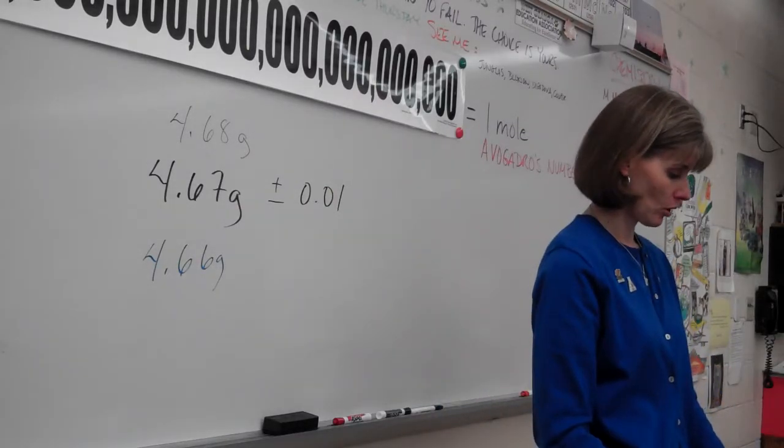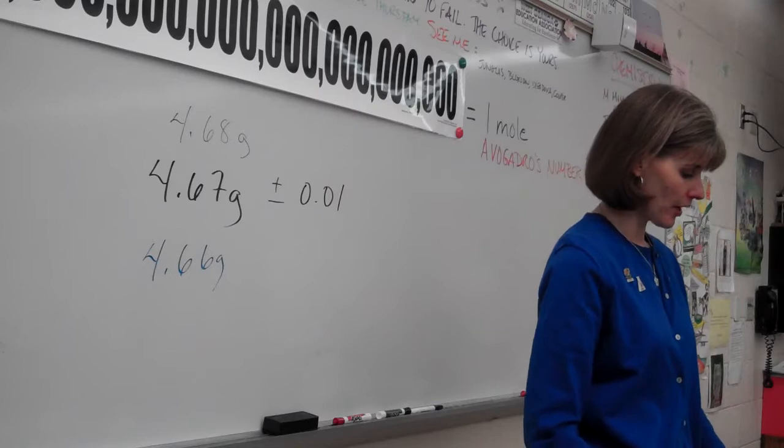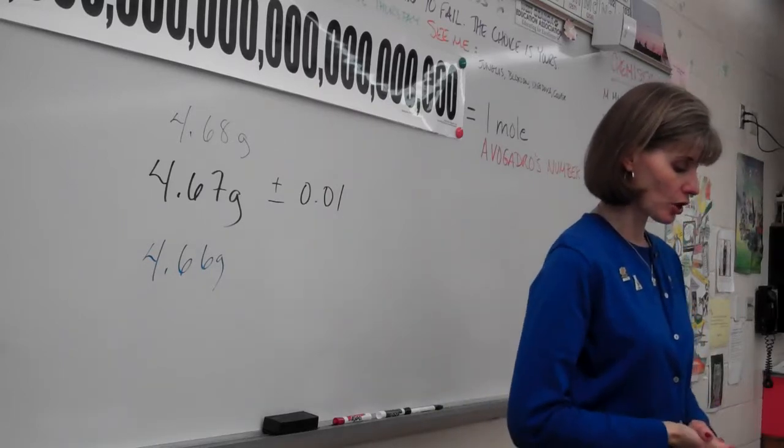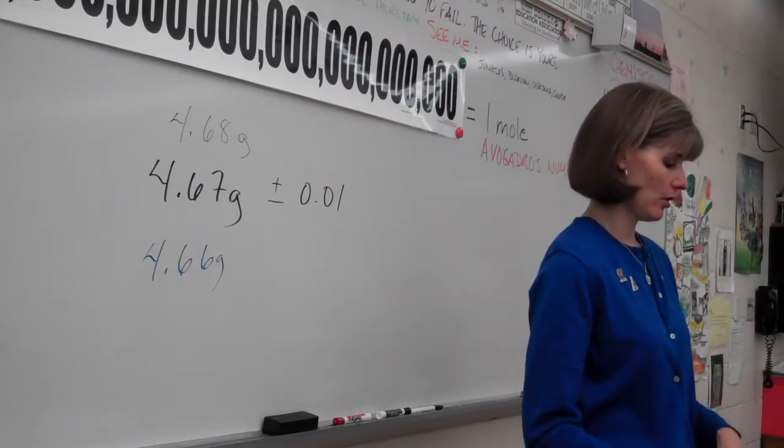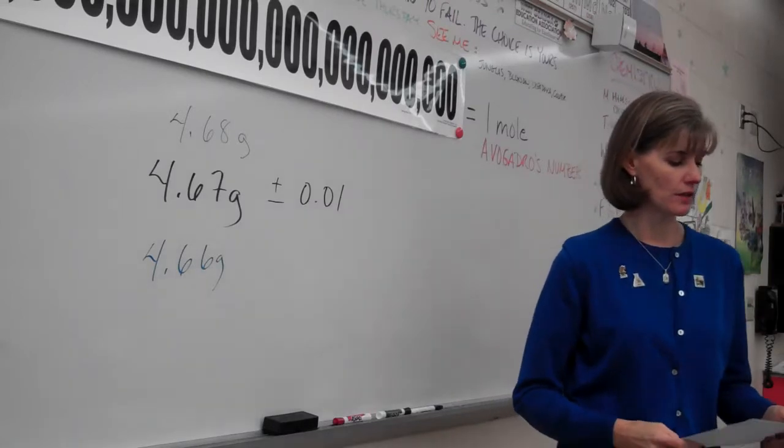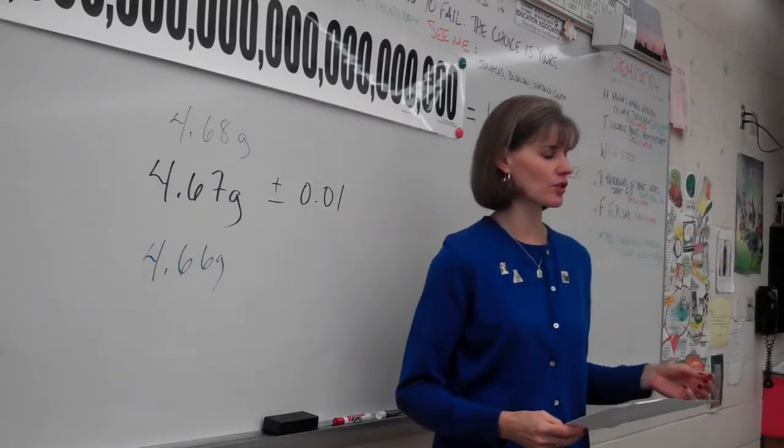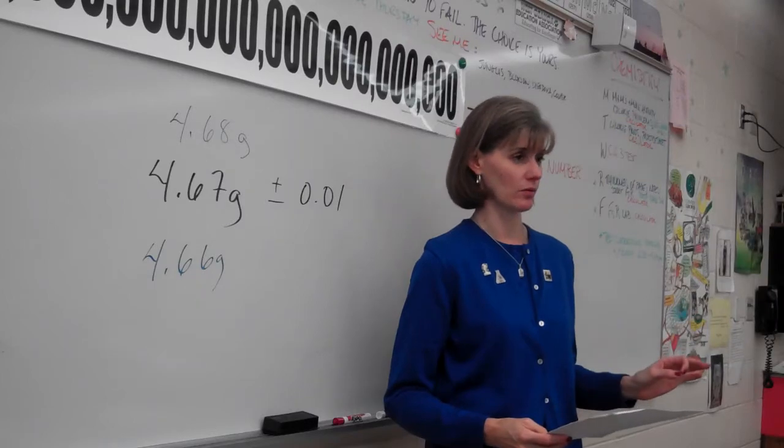Okay. Awesome. Number 7, write measured quantities with the correct number of sig figs. So this is going to be a question that says, which of the following measurements is expressed to 3 sig figs?